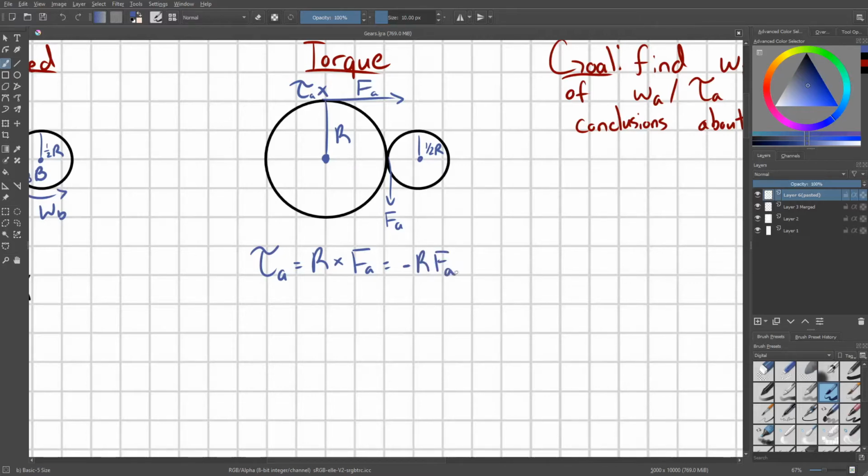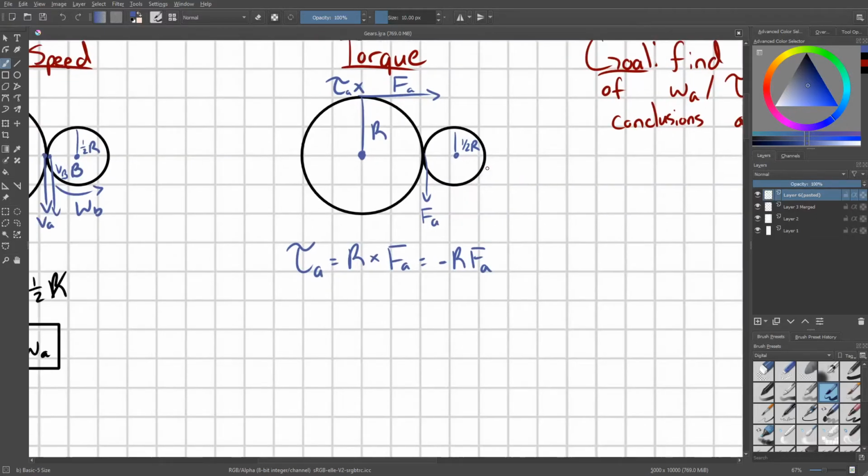Let's make that subscript a little clearer. Alright. TB is going to be Fa cross 1/2 R.